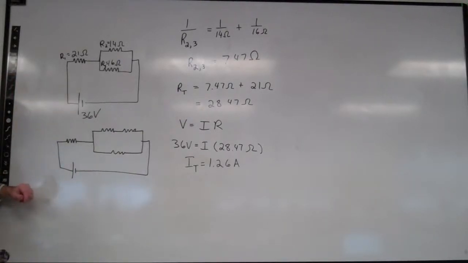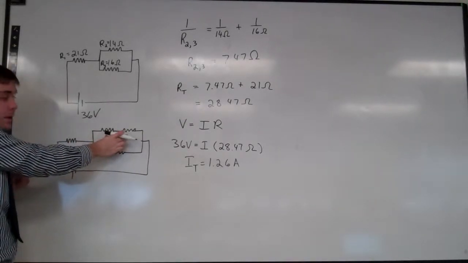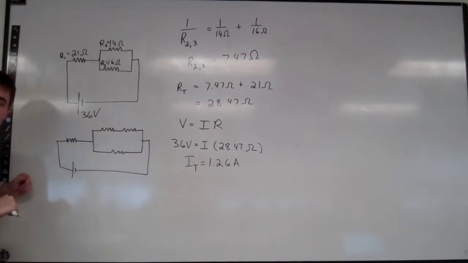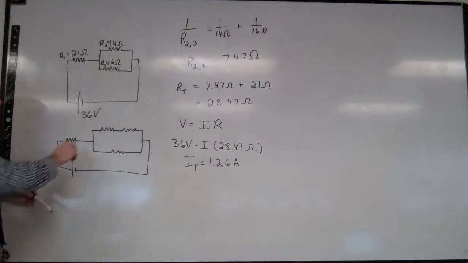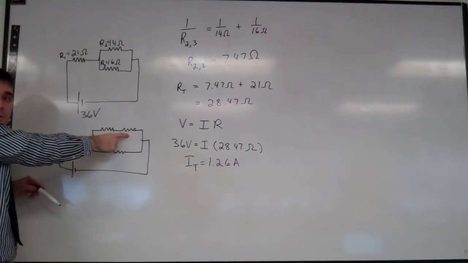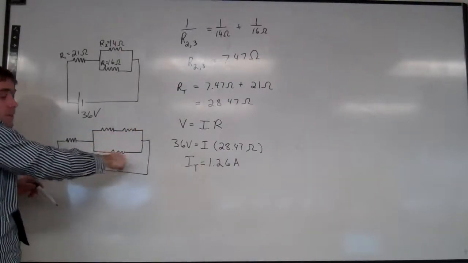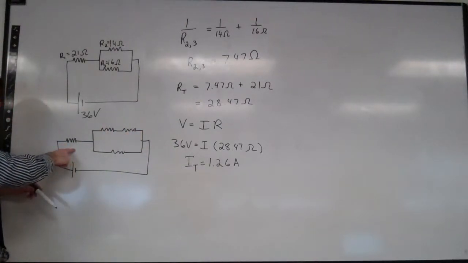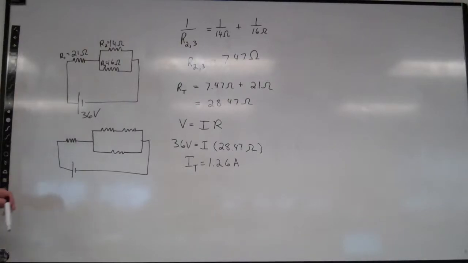We would solve for these 2, then this whole thing in parallel, then this whole thing, and this in series. So you would add these 2 together, then do the 1 over thing for this part, then take this whole answer and add it to this one. Does that make sense?